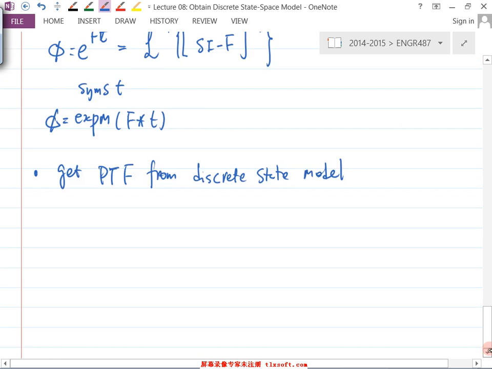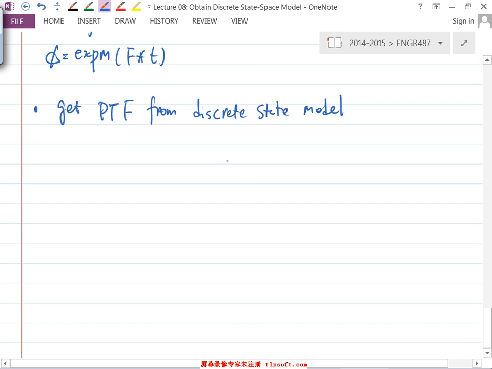You got to be clear: here is my plant, and we're discretizing the plant with a zero order hold equivalent.